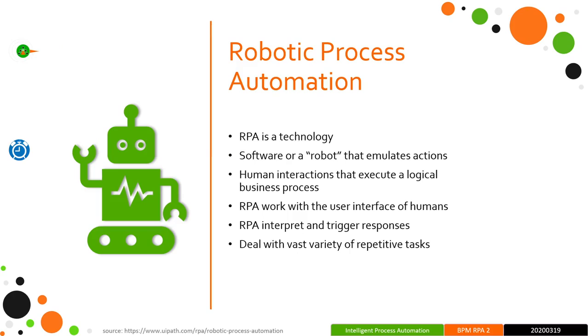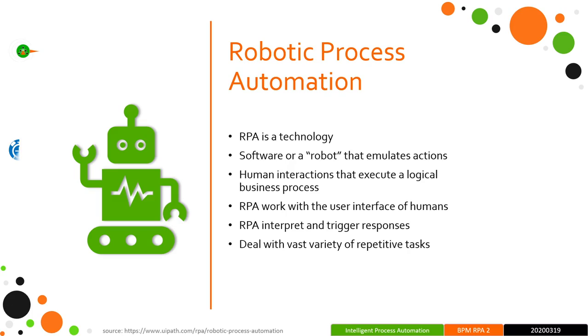Robotic process automation is the technology that allows anyone today to configure computer software or a robot to emulate and integrate the actions of a human interacting within digital systems to execute a business process. RPA robots utilize the user interface to capture data and manipulate applications just like humans do.